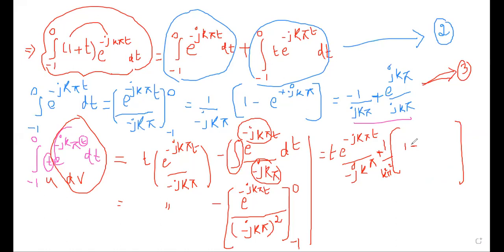Then minus of the lower limit, e power minus of minus becomes plus j k pi. I think there are no doubts up to this. Any doubts here? Yes or no?